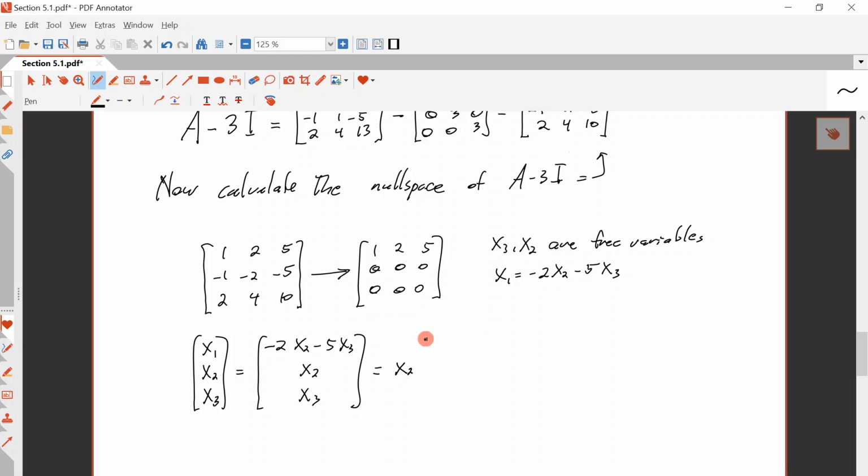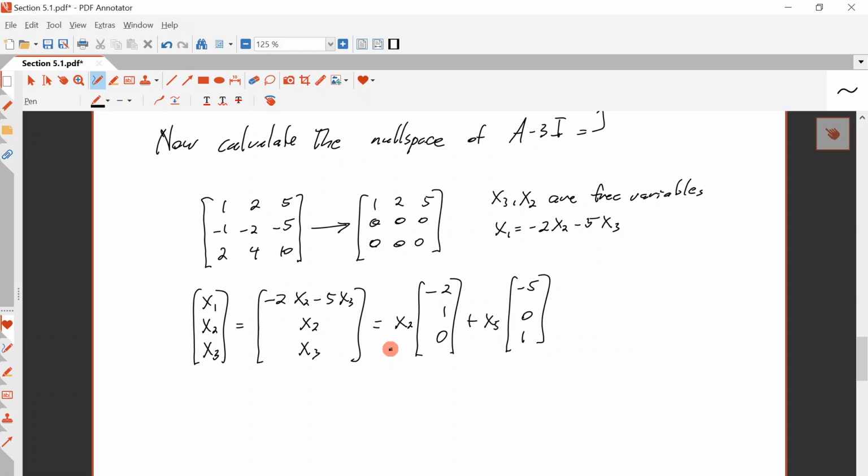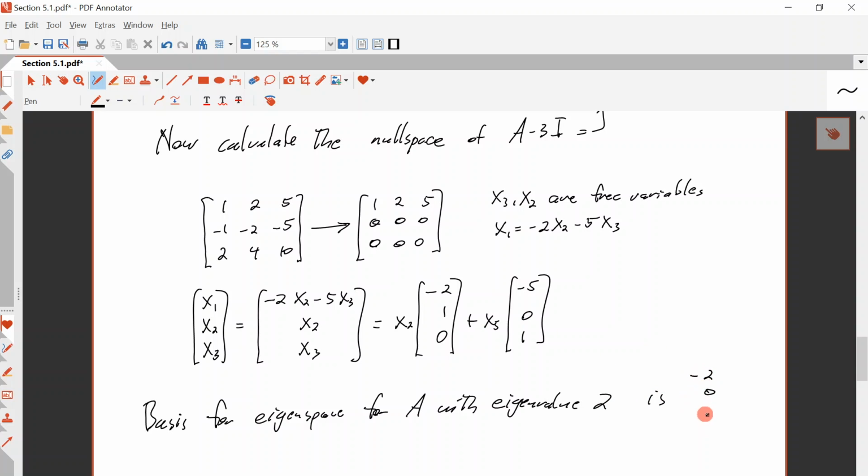So we have x2 times minus 2, 1, 0 plus x3 times minus 5, 0, 1. So a basis for the eigenspace for A with eigenvalue 3 is this right here: minus 2, 1, 0, and minus 5, 0, 1.